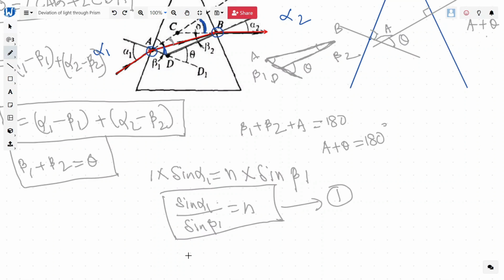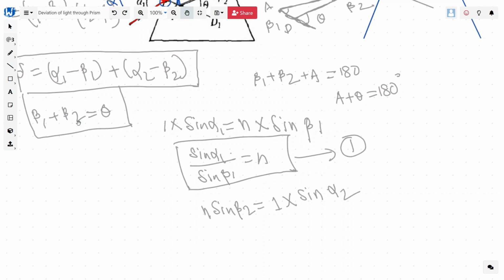So in here it is refractive index n, so sine of beta 2 is going to be 1 into sine of alpha 2. Okay, now we know that beta 2 is actually nothing but theta minus beta 1.